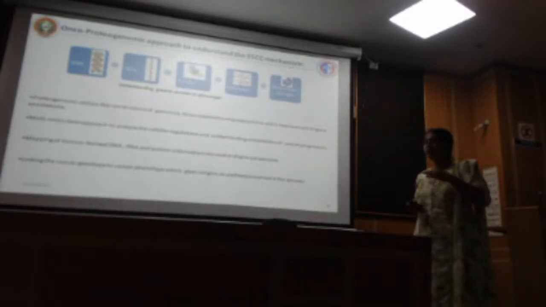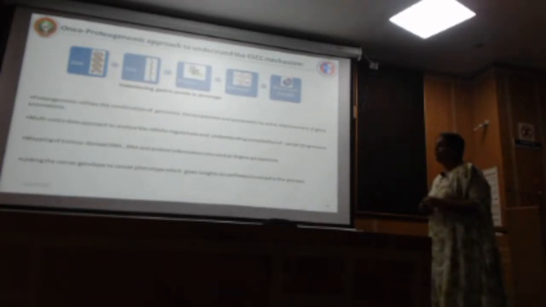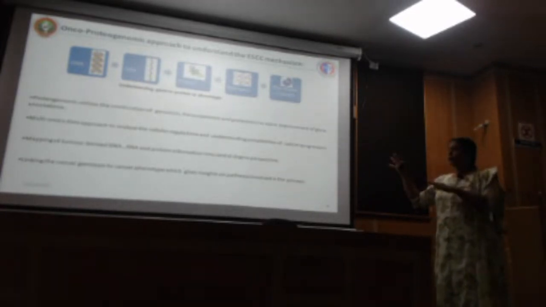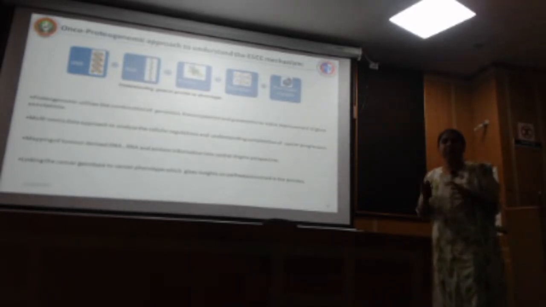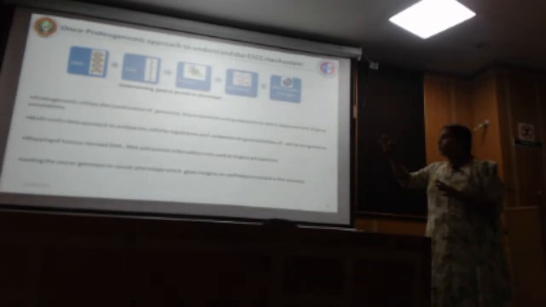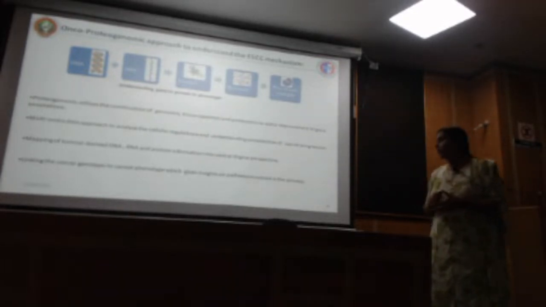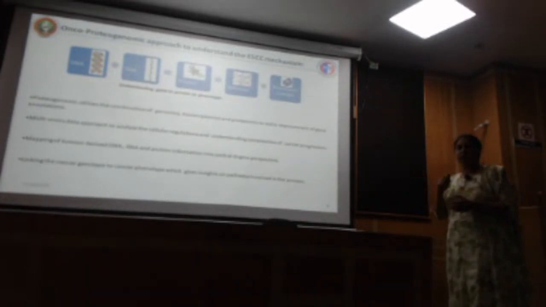We link all this information to understand how cancer prognosis is happening. Another important aspect of proteogenomics is that it also captures PTM information along with the variations. Even the PTM information can be tagged along to know the cancer prognosis and hence the pathways involved in the process.